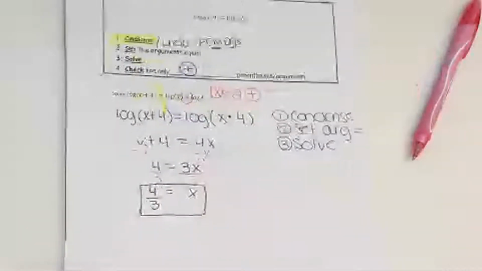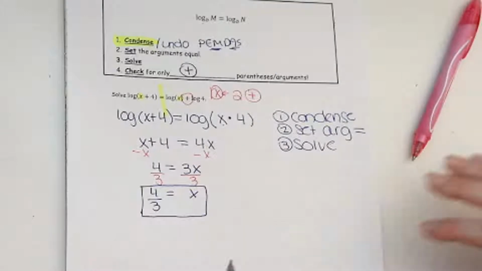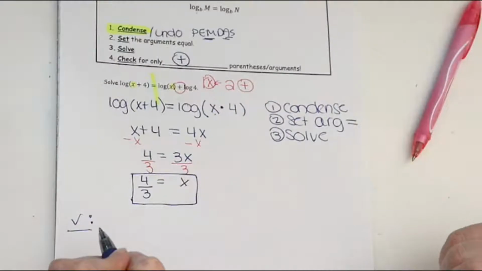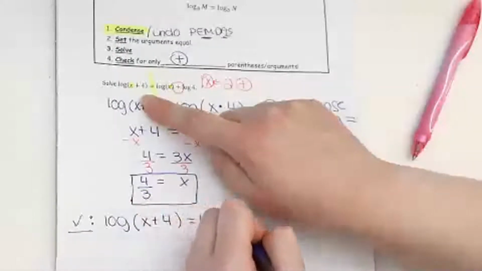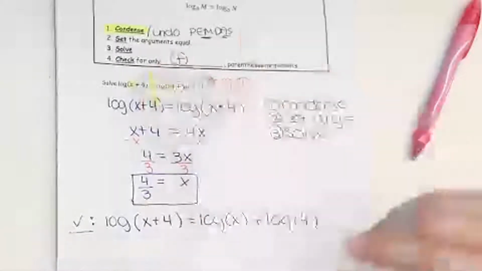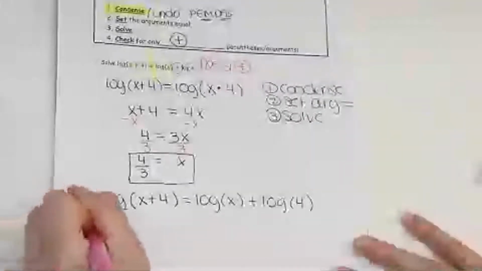Now, remember that with logarithms, this is not a final answer until you check that domain restriction. So you have to check and make sure that you only have a positive argument. Log of x plus 4 is equal to log of x plus log of 4. And we'll plug in that proposed solution of 4/3.